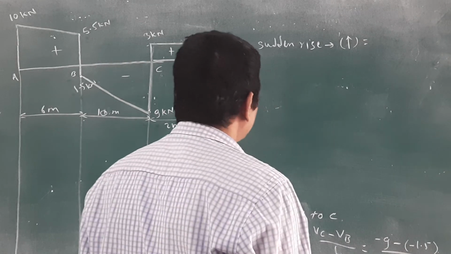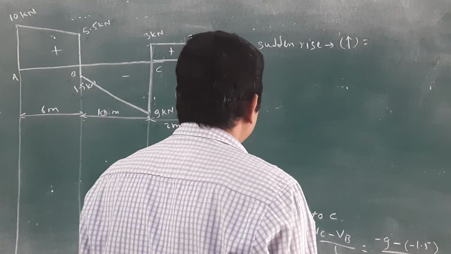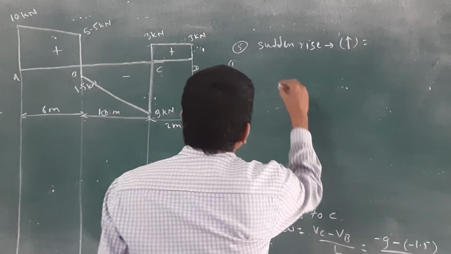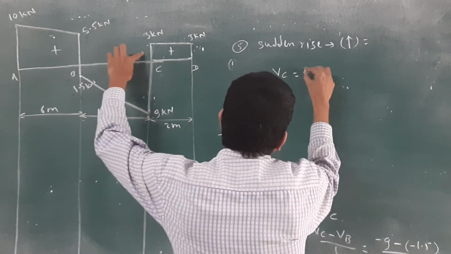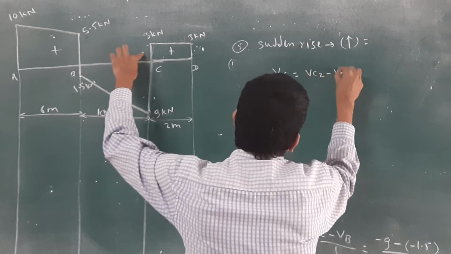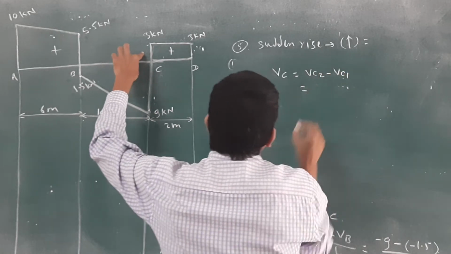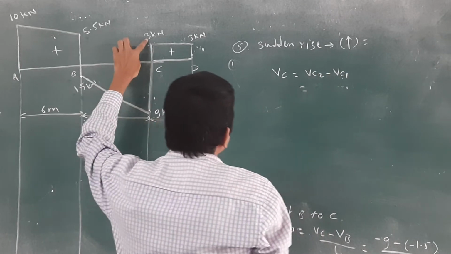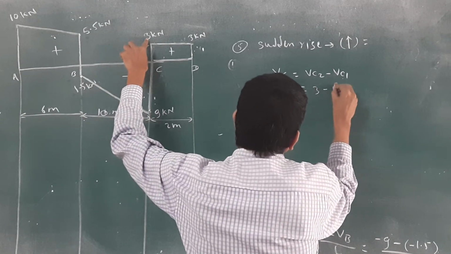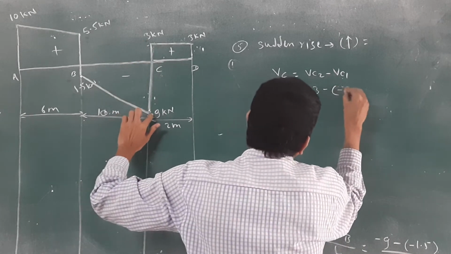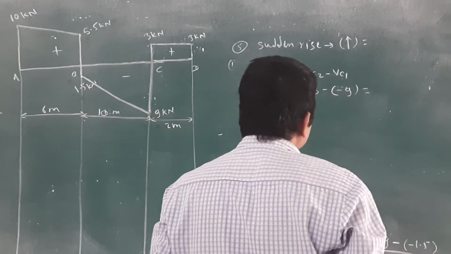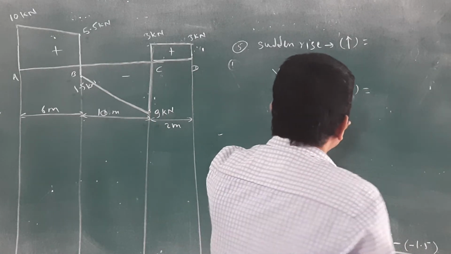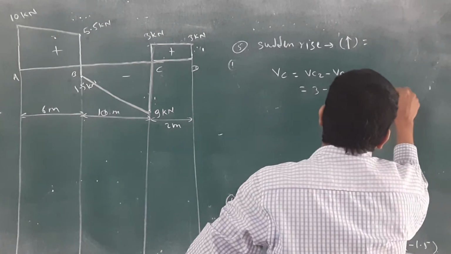Then how to calculate the VC value? VC is equal to VC2 minus VC1. What is the value of VC2? 3, positive. Minus the value of VC1, which is minus 9. You will get minus minus plus, so you get 12 kN.